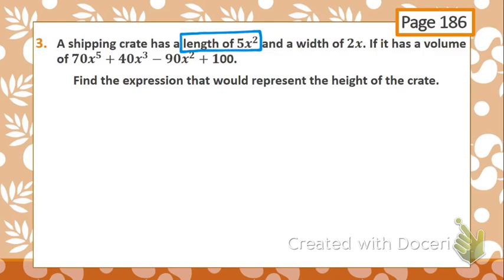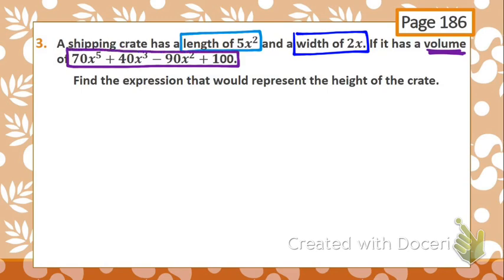What else do they tell me? The width. That's 2x. What else did they give me? The volume. How do you find volume of something? What is volume? Length times width times height.